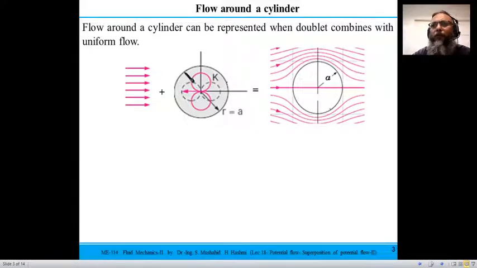So you can think of this as actually the cylinder in the z direction.